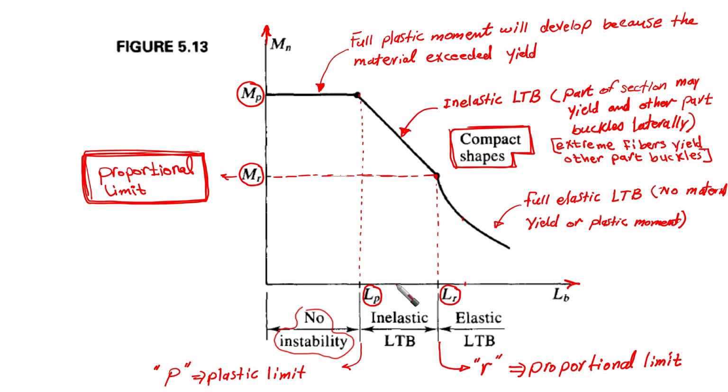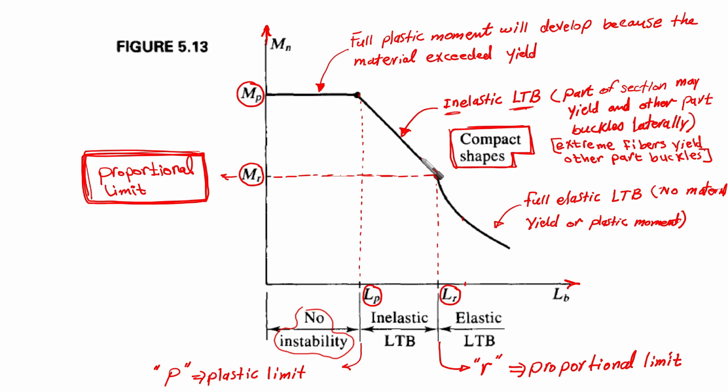However, if our section has an unbraced length between LP and LR, then it is going to have what we call inelastic lateral torsional buckling. What is the meaning of inelastic lateral torsional buckling? It means that part of the section may yield, which is the extreme fibers of the section, and the other part buckles laterally. So it is like a combination of lateral torsional buckling and yielding.